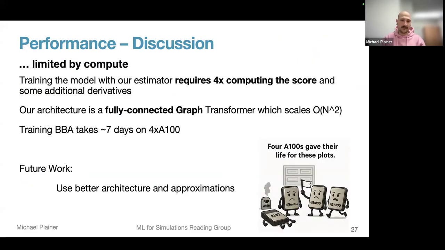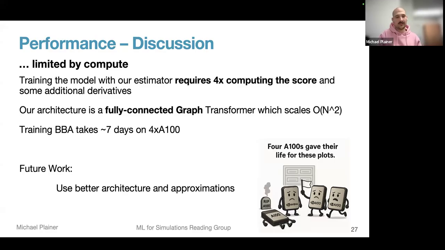Yeah, I think the main drawback of this whole thing is that even with our approximation, we need to compute the score forward 4 times in our training. And we have a very simple architecture. So we use right now a fully connected graph transformer, which scales quadratically, which means that for BBA, for instance, it took 7 days to train on 4 A100s.